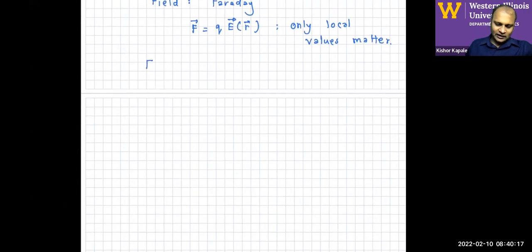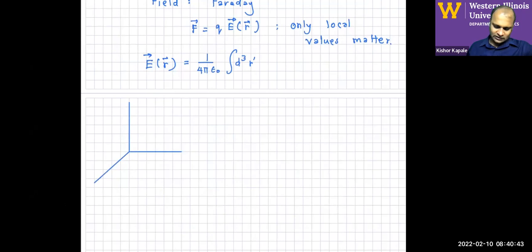So if we have the field, we're going to stick with, let's say, the electric field as a quantity that permeates the whole space. Provided you have a certain charge, you should be able to write it down, right? So let's devise our coordinate system first. Here's our coordinate system.